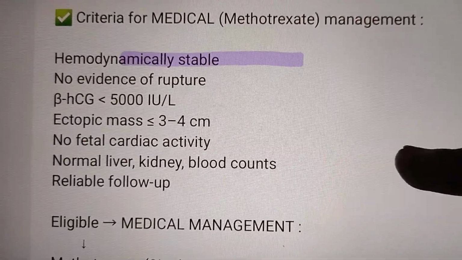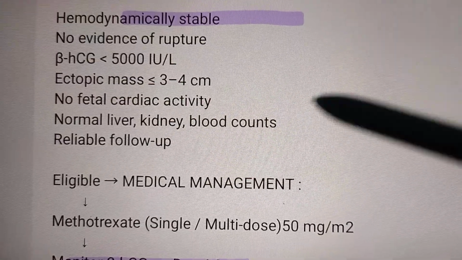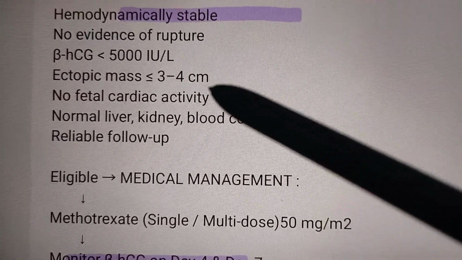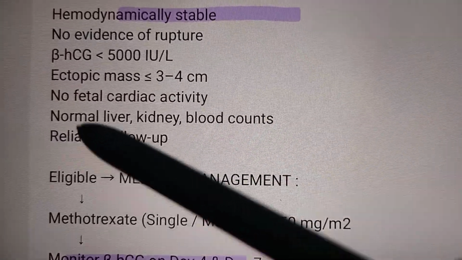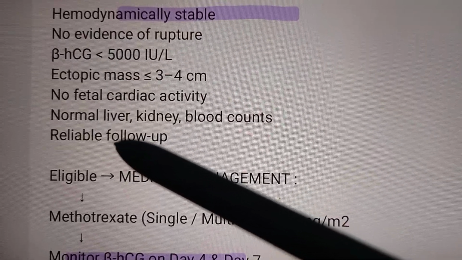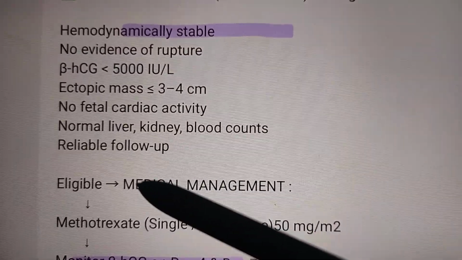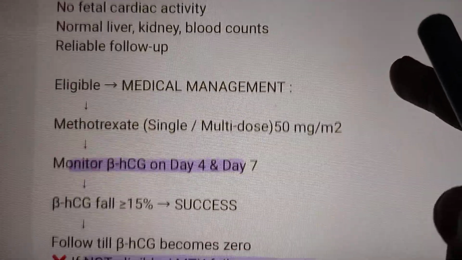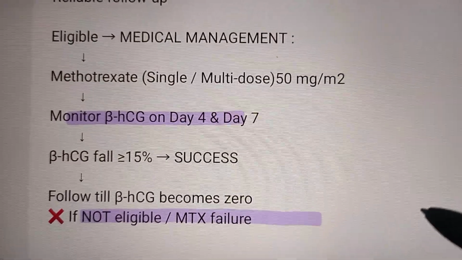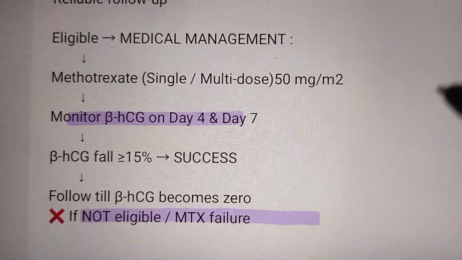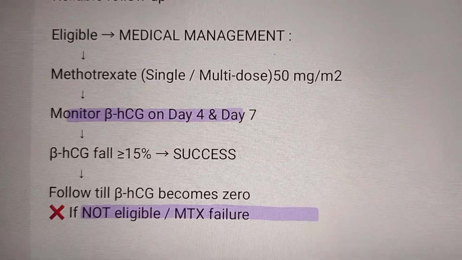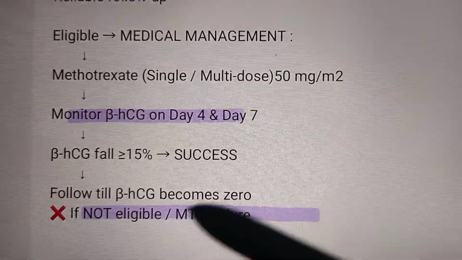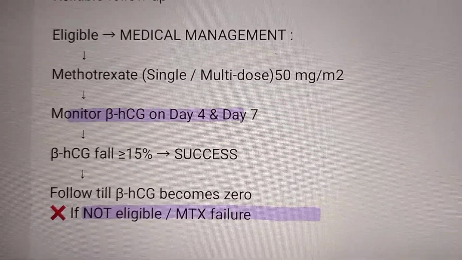So here are the criteria. Ectopic mass less than 3 to 4 centimeters. No evidence of rupture. No fetal cardiac activity. Normal liver, kidney and blood counts. So what do we do? We give methotrexate single dose 50 mg per meter square. Then check on day 4 and day 7.